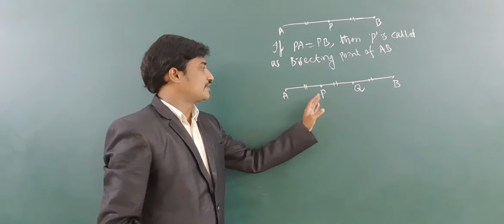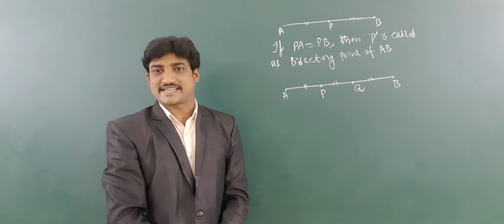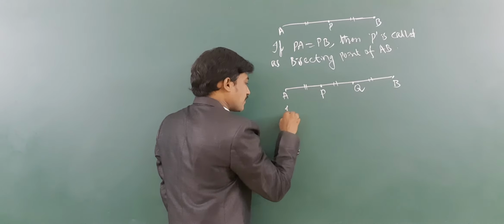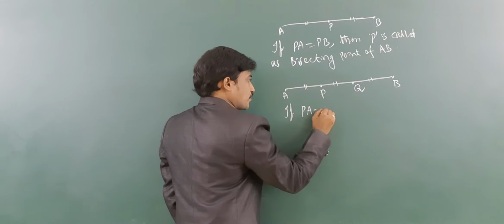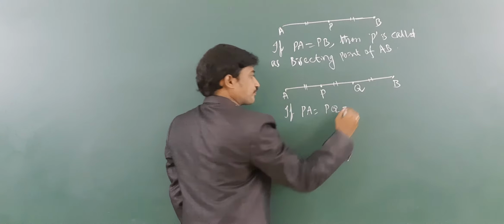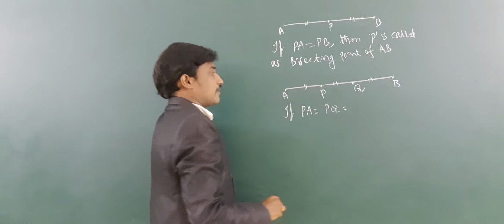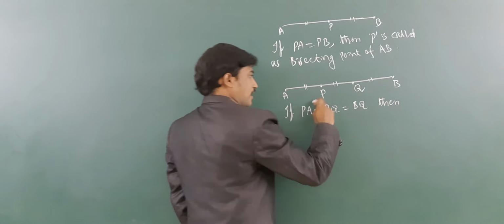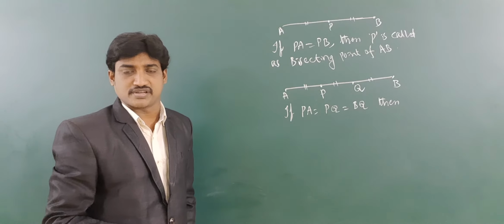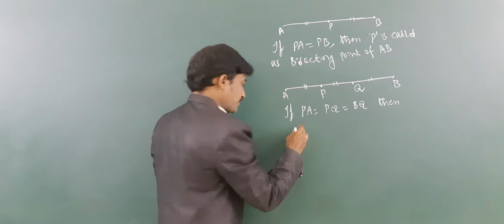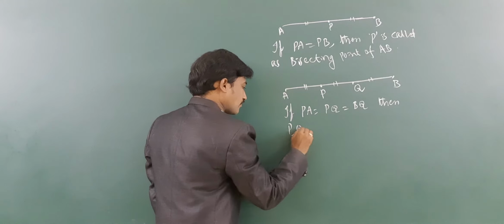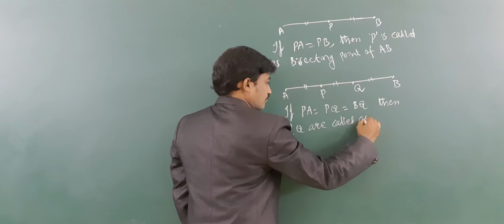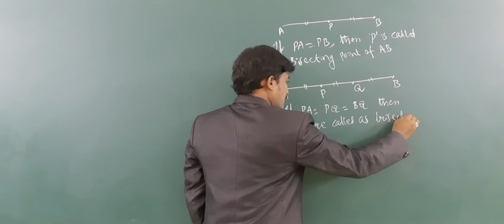Then we call these points P, Q trisectional points.